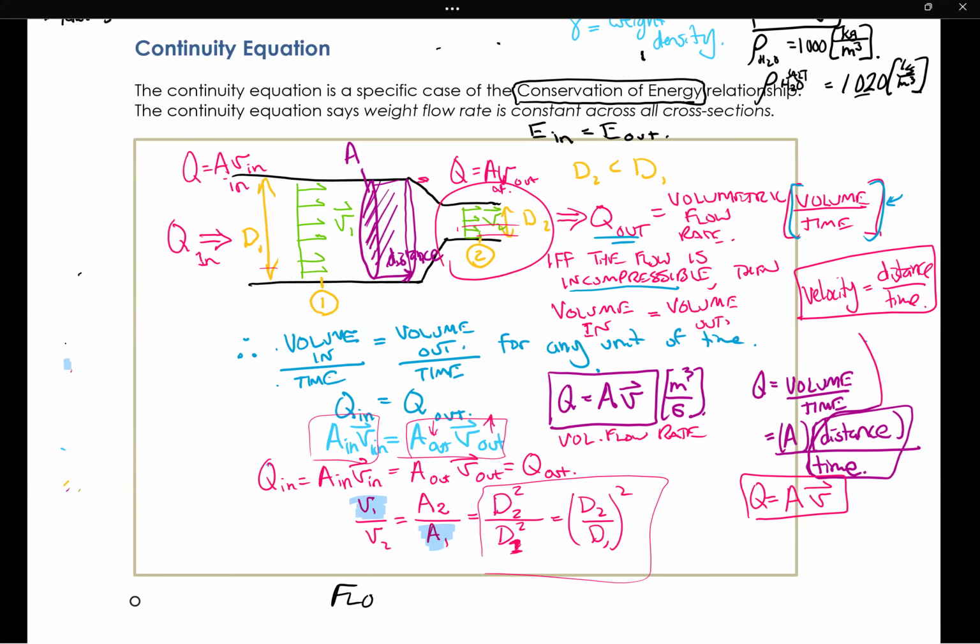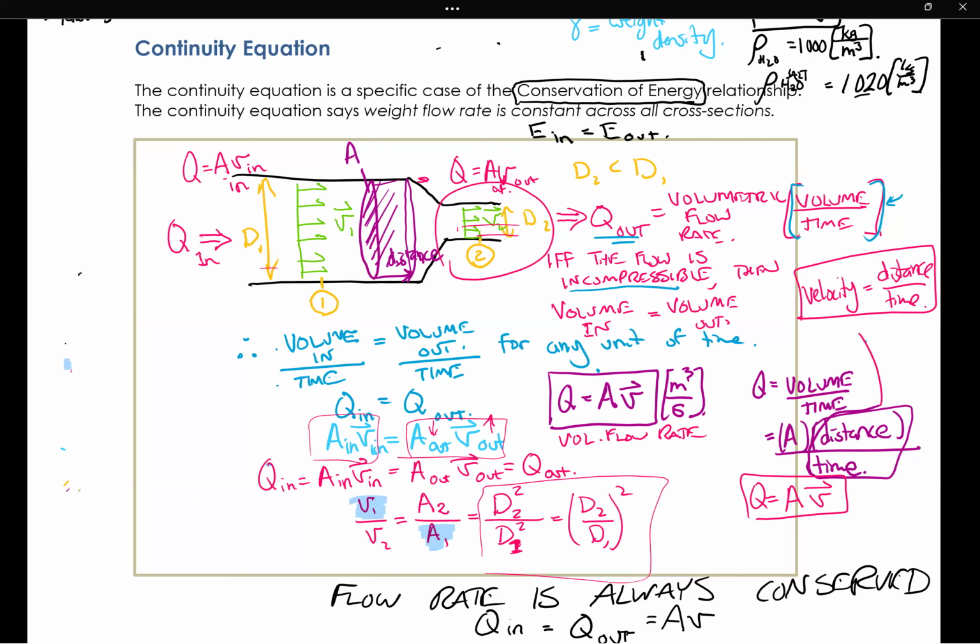So flow rate is always conserved. Q in equals Q out equals A in V in equals A out V out, always.